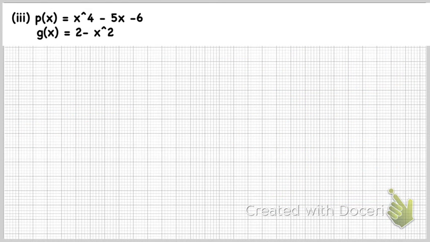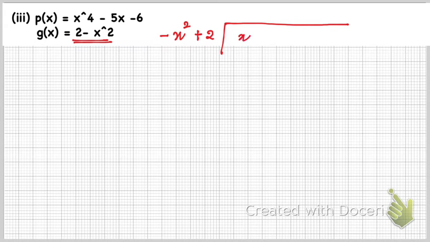The next question is, we have to divide the polynomial gx again with px, but we have to write it in the ascending order of its exponents. So writing it like this, minus x square plus 2, and then for px I can write it as it is because it is already arranged in ascending order of its exponent.